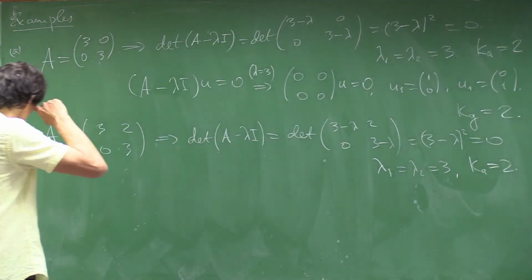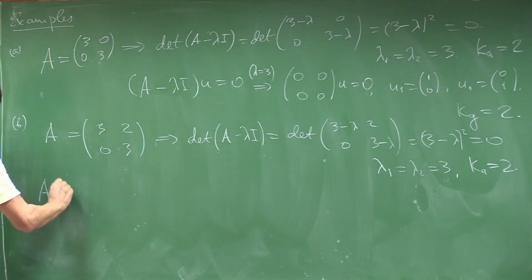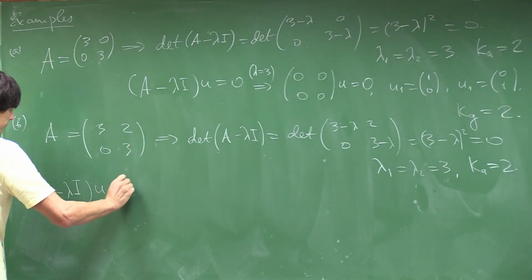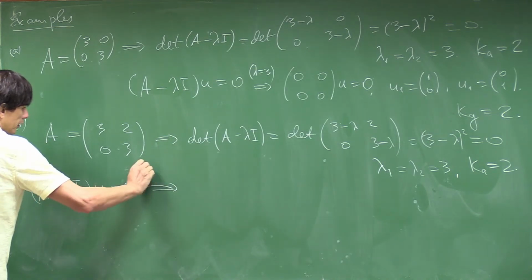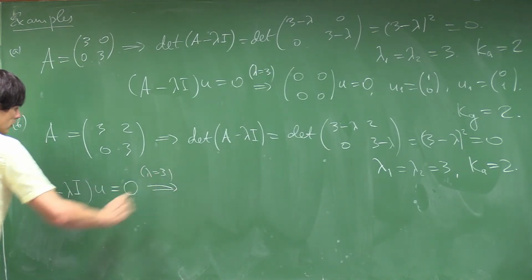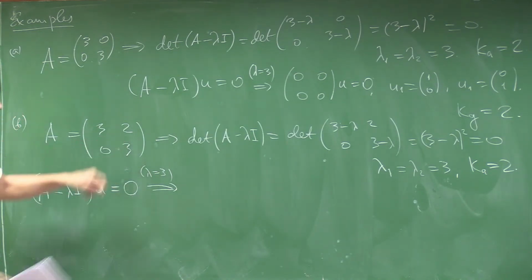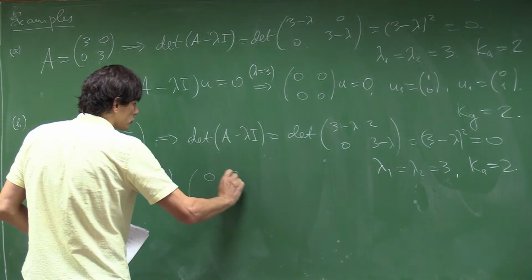For eigenvectors, when we take lambda equal 3, you see it will cancel the diagonal, but the 2 will stay. So the matrix will be 0, 2, 0, 0.